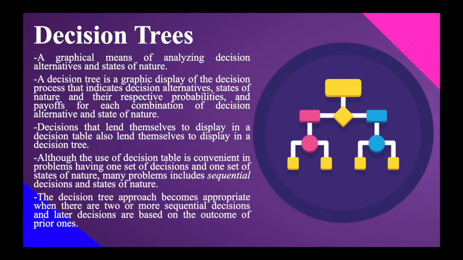Lastly, when we see decision tree, this is an approach becomes appropriate when there are two or more sequential decisions, just like what I have said before in relation to the fourth bullet ba ito? Appropriate when there are two or more sequential decisions and later decisions are based on the outcome of the prior one. Kumbaga, may prerequisites, no?